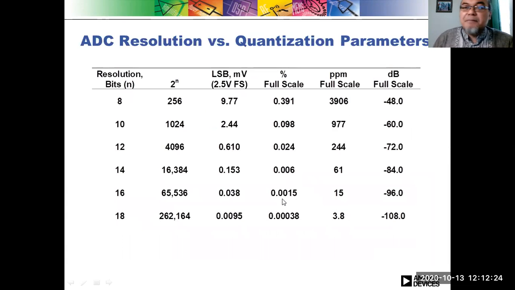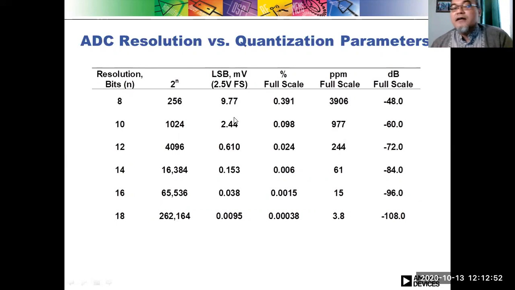So this is an example of parameters when we have the ADC resolution, and what the effect is on the quantization parameter. If the resolution of our ADC is 8 bits, it can quantize into 256 different levels, right? 2 to the power of 8, which gives the least significant bit.